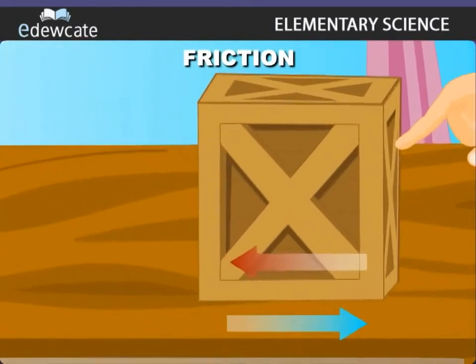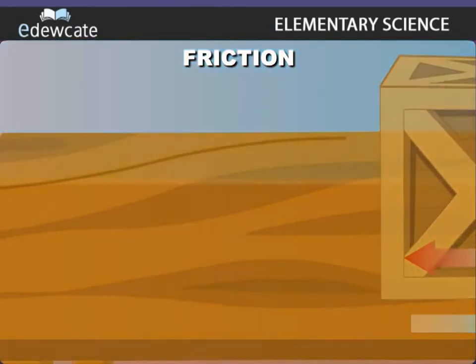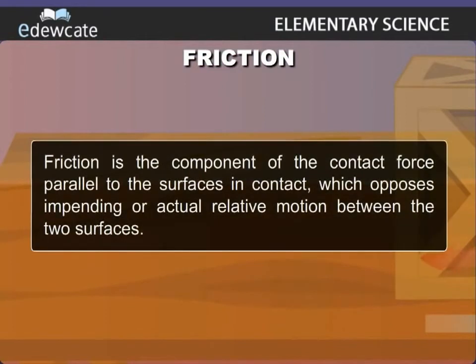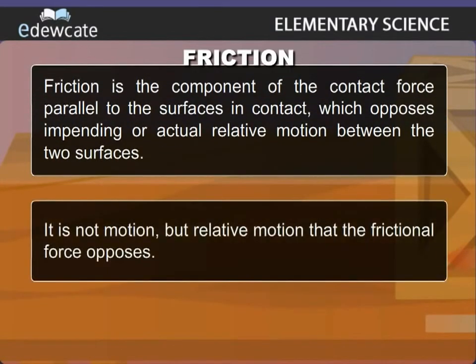Thus, when two bodies are in contact, each of them experiences a contact force by the other. Friction, by definition, is the component of the contact force parallel to the surfaces in contact, which opposes impending or actual relative motion between the two surfaces. Note that it is not motion, but relative motion that the frictional force opposes.